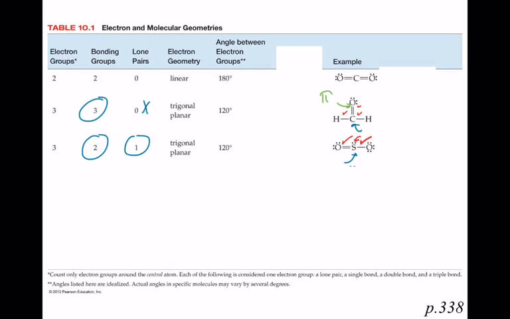I got 3. We know that's trigonal planar, and the bond angle is 120. For the structure up above it with the carbon single bond hydrogens and then double bond oxygen, this would be replaced with a double bond oxygen. But only the sigma bond is what makes its shape.